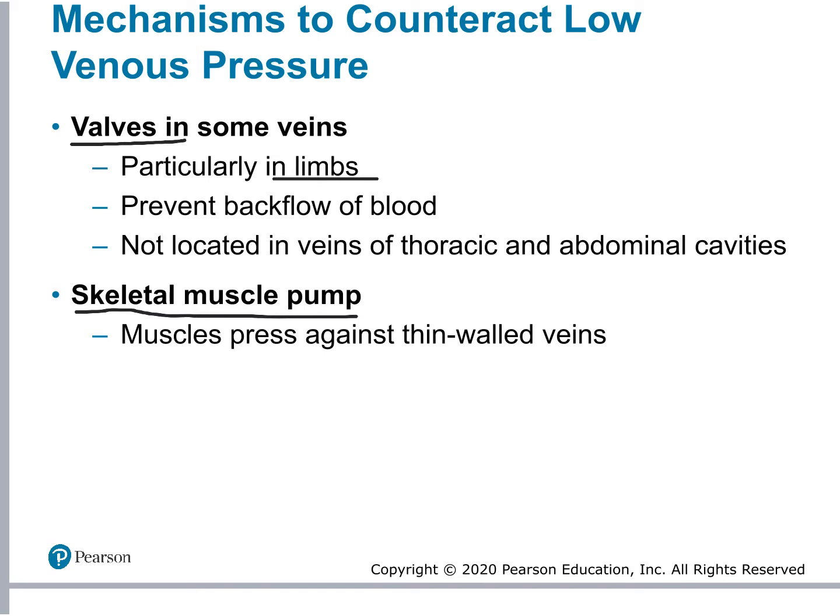The third method of helping blood return to the heart is using the breathing mechanism, using the diaphragm. You don't have to worry about this right now, but this is the respiratory pump, or a breathing mechanism. The reason behind it is that whenever you contract, the diaphragm pushes down to the abdomen, which increases the volume of the thoracic cavity and lowers the pressure inside of the thoracic cavity.